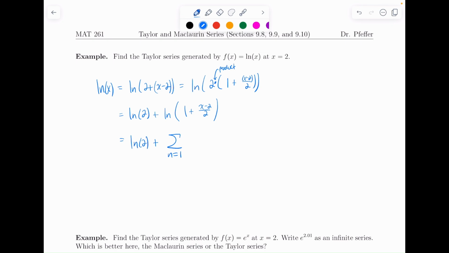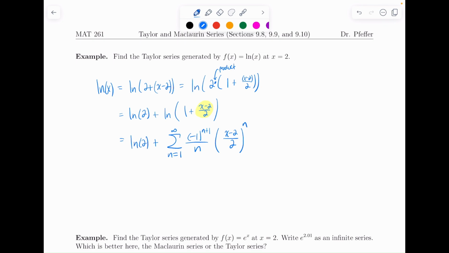Oh, I said we could integrate 1 over x. That is true, but probably what we could do is differentiate this to get 1 over x instead. So we would want to differentiate this to get 1 over x and integrate 1 over x to get this. In any case, we get the series starting at 1 of negative 1 to the n plus 1 over n times whatever the value is that you have here. And in this case, it happens to be ((x minus 2) over 2) to the n.